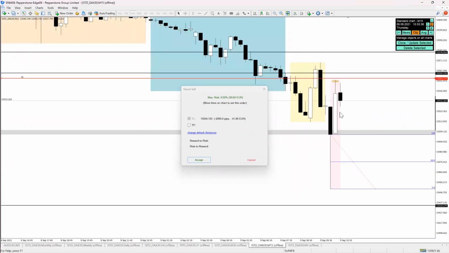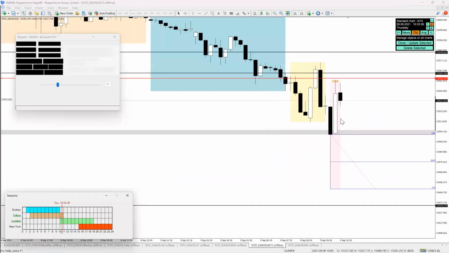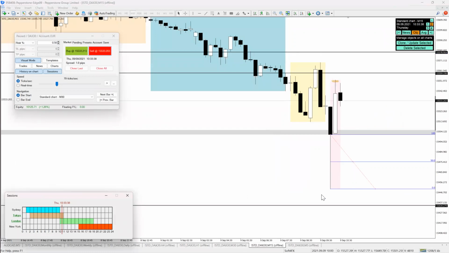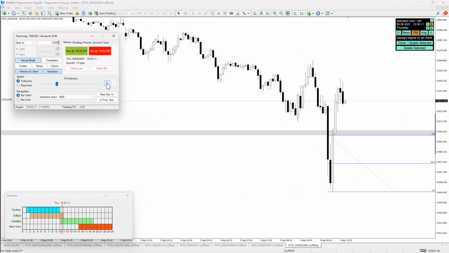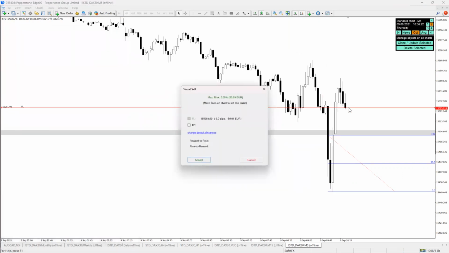Oh, it's too risky. Cancel that idea. Too risky with these candles open. Now it's a bit better. Got resistance, confirmation of resistance.